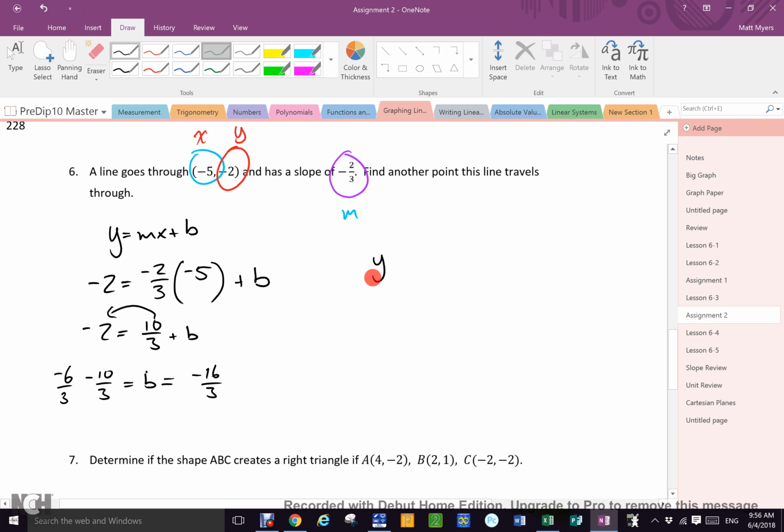So y equals negative 2/3 x minus 16/3. I would also accept y equals negative 2/3 x minus 5 1/3. Right? Everybody cool?